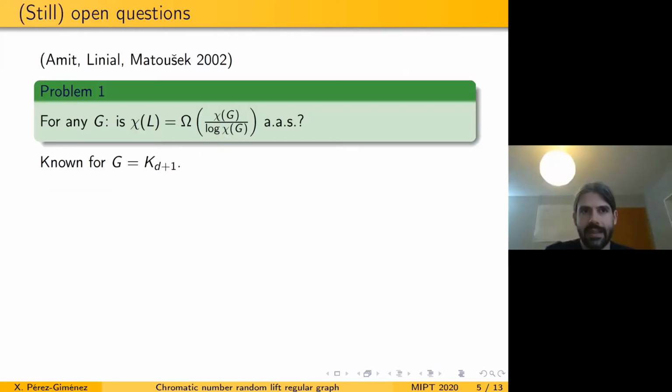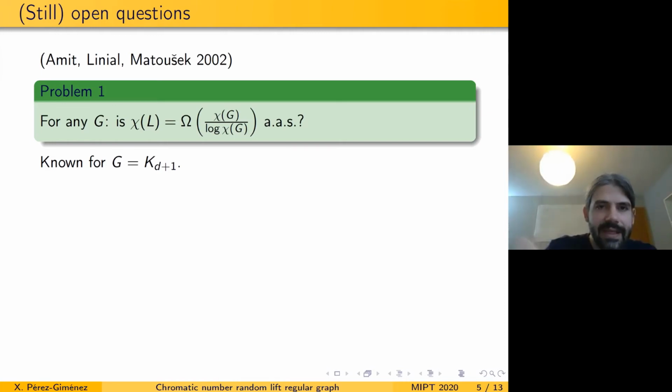So in a paper by Amit Linial and Matoušek, of a series of papers involving Amit Linial and sometimes other people, they look at things like the chromatic number or the independence number and other related parameters for random lifts.